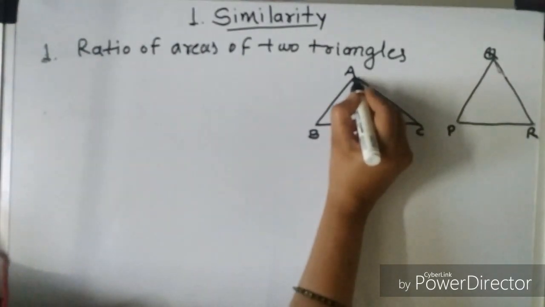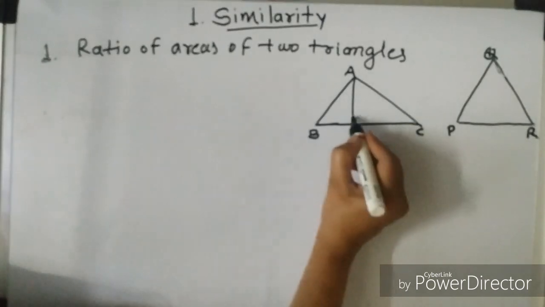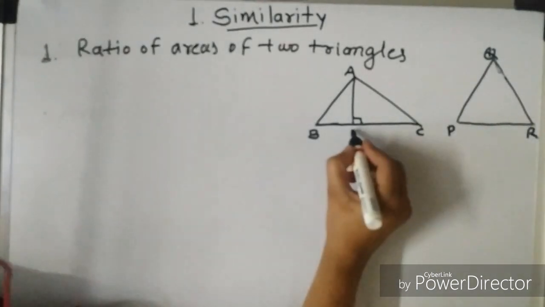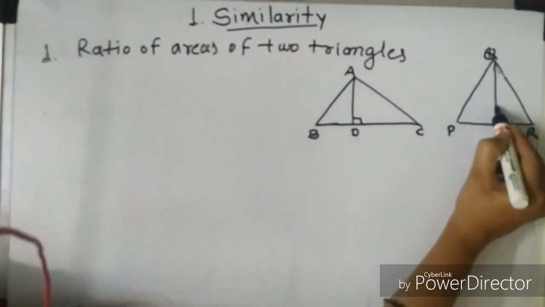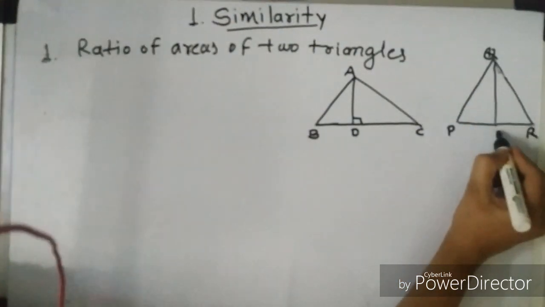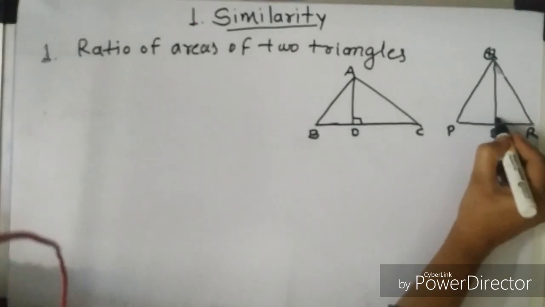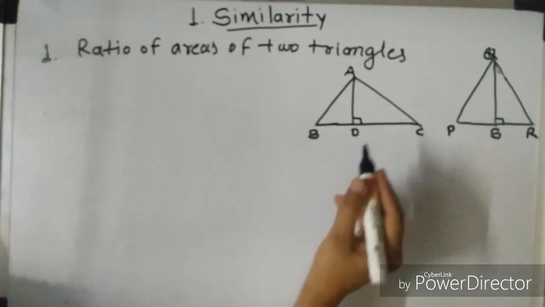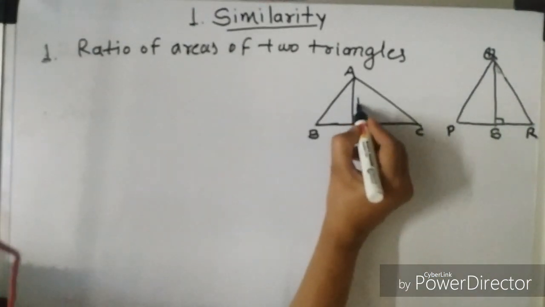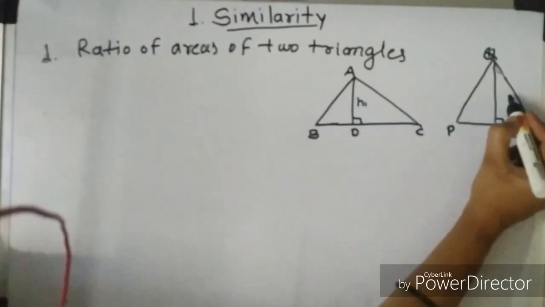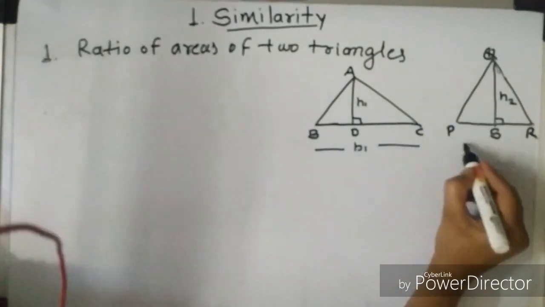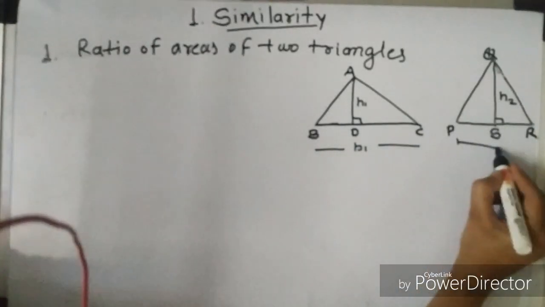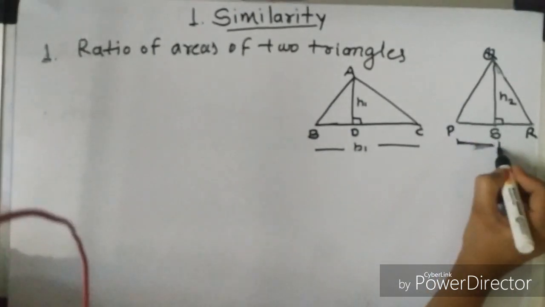AD is perpendicular to BC, that is, AD is the height of the first triangle, and QS is perpendicular to PR, that is the height of the second triangle. Height of the first triangle is H1, height of the second triangle is H2. The base of the first triangle is B1 and the base of the second triangle is B2.